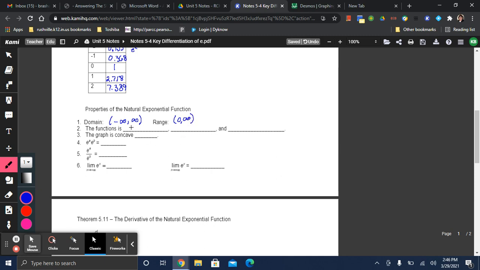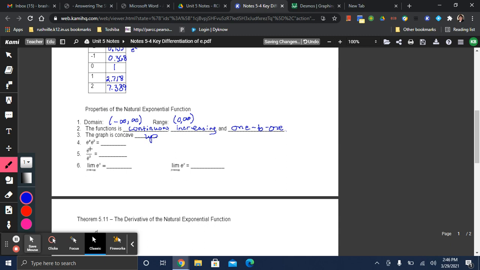It was a continuous function, so continuous, increasing, and 1-to-1. So this is just a little bit about the function y equals e to the x. It is concave up.